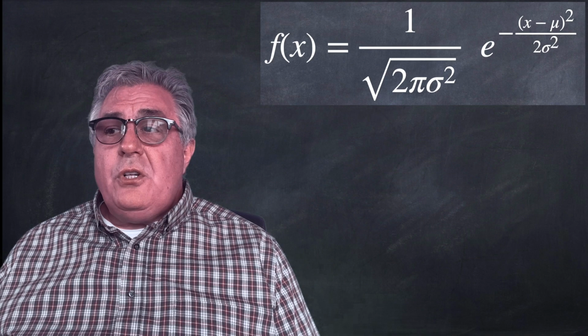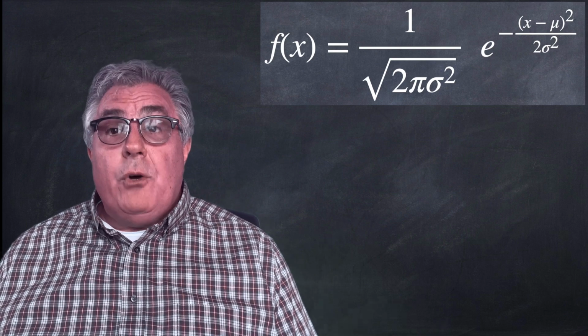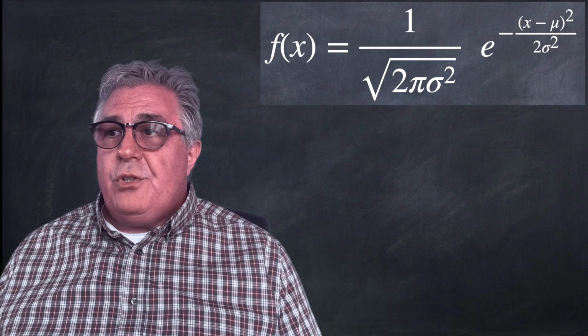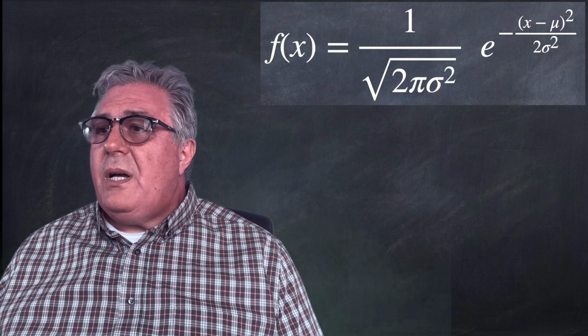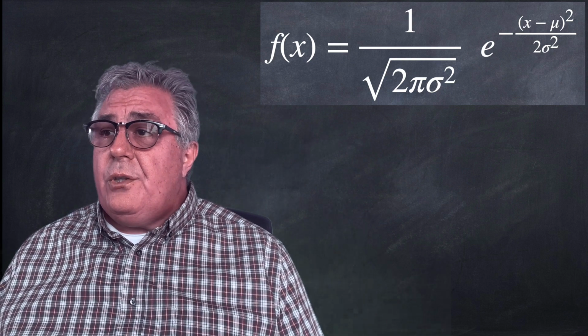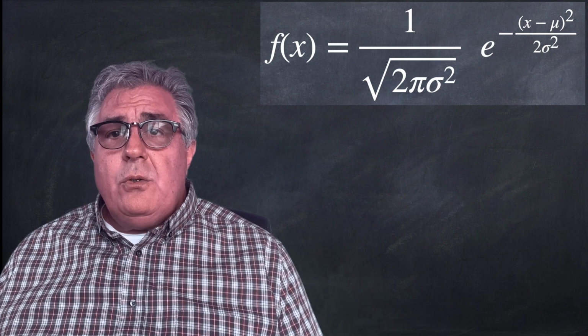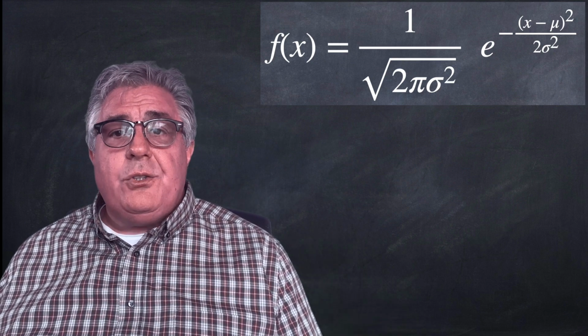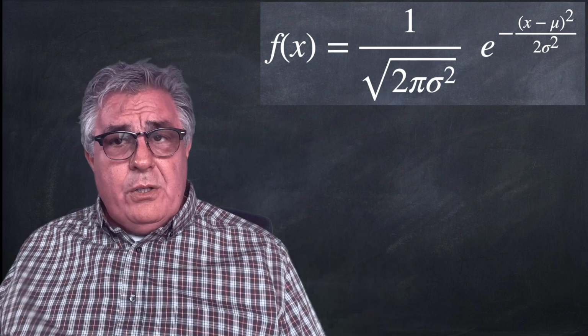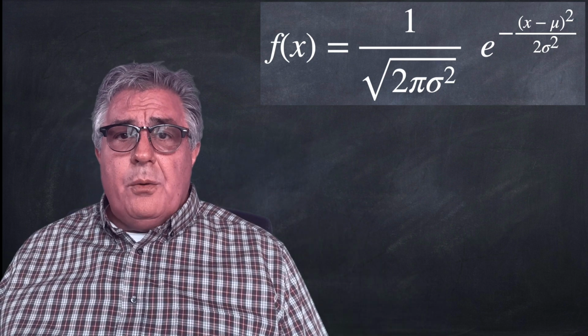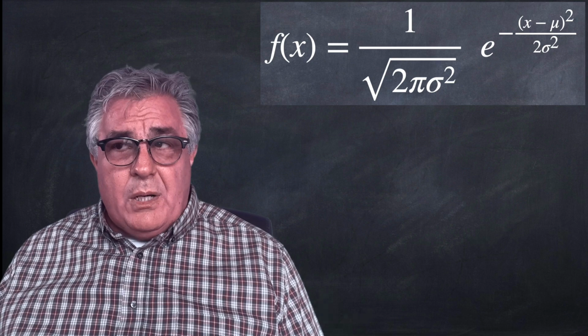All right, so first I'd like to take a look at the formula for the normal distribution curve. This thing is 1 over the square root of 2 pi sigma squared, e raised to the negative (x minus mu) quantity squared divided by 2 sigma squared. And the parameters for the model are mu and sigma.